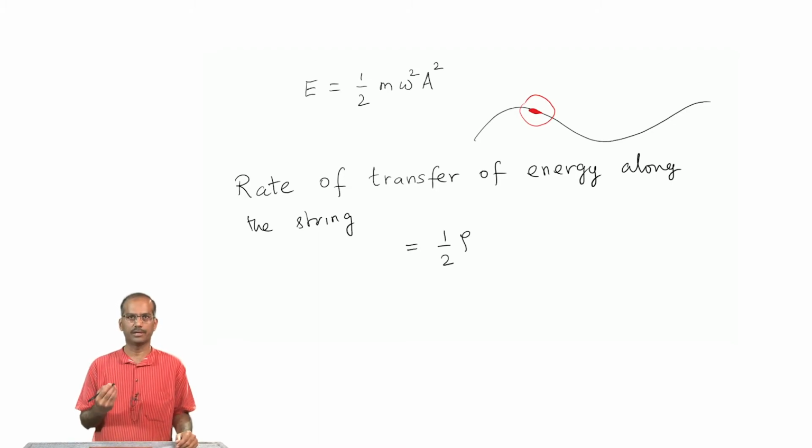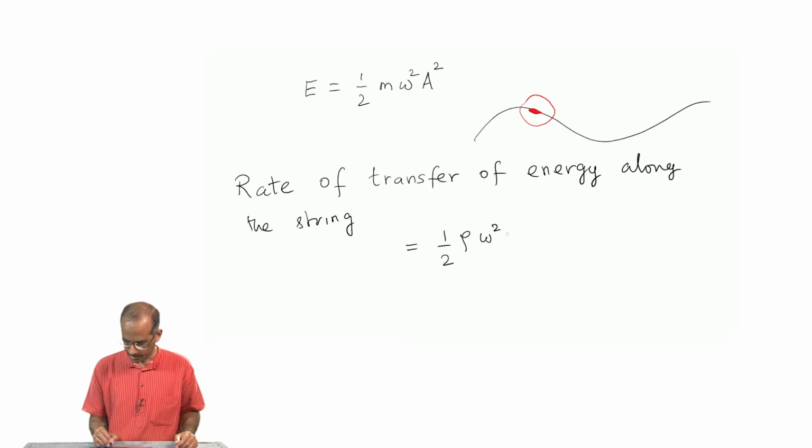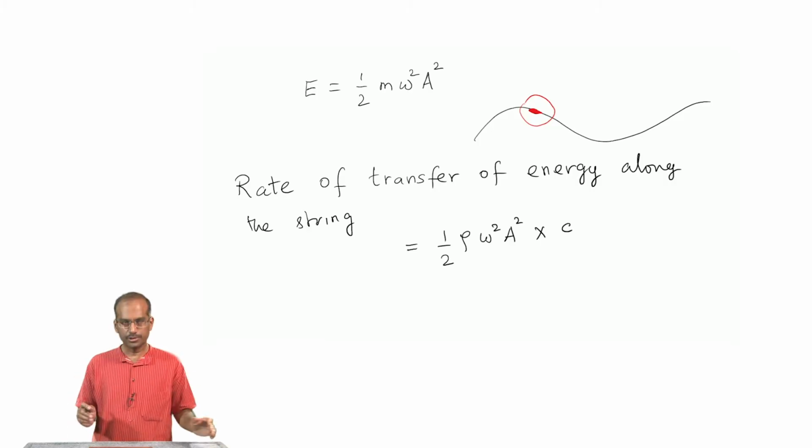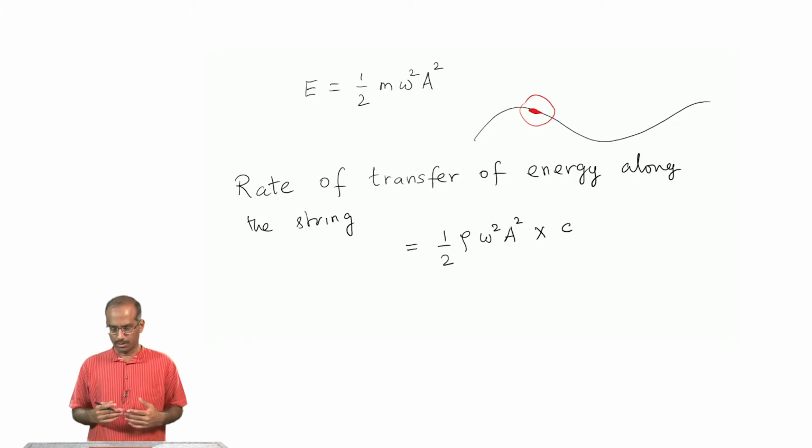So, I am replacing m by rho here, omega square into a square multiplied by the phase velocity, which I will write as c. This gives me a formula for the rate of transfer of energy along the string. This is going to be my basic formula that I will use to discuss how much energy is transferred along the string.